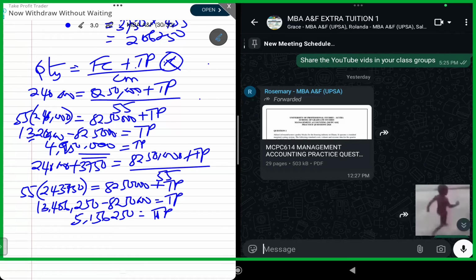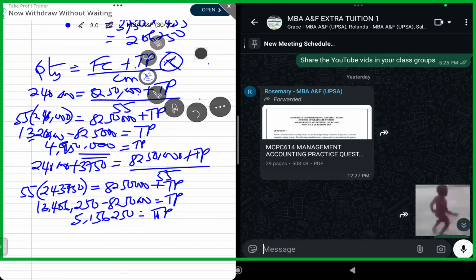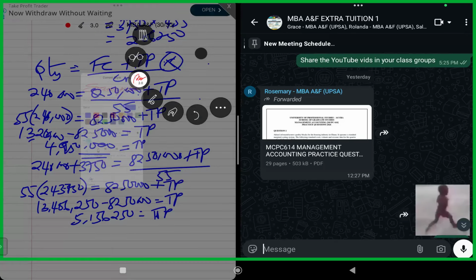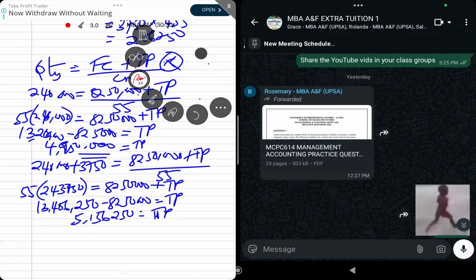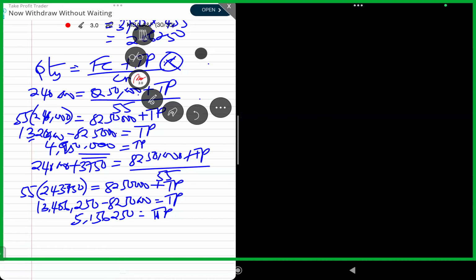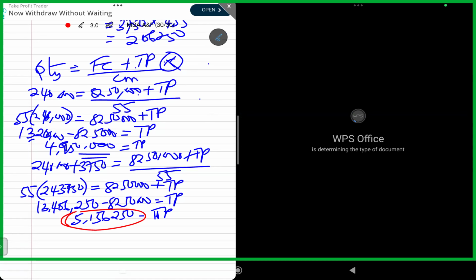So this new target profit is when the business is selling the extra. Assuming the business is selling 243,750, this is the profit the business will earn. And when it's selling only 240,000, this is the profit it earns.